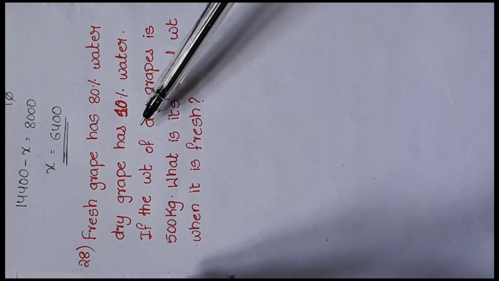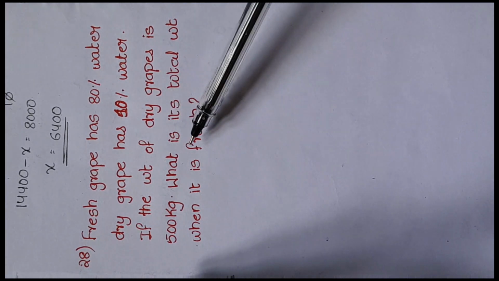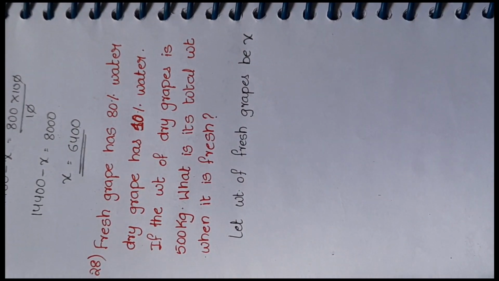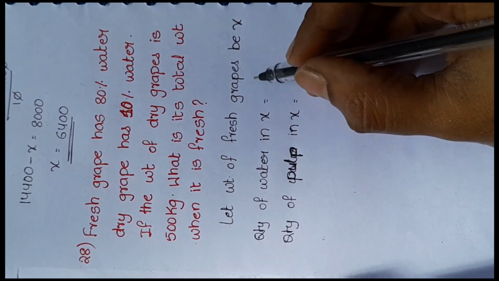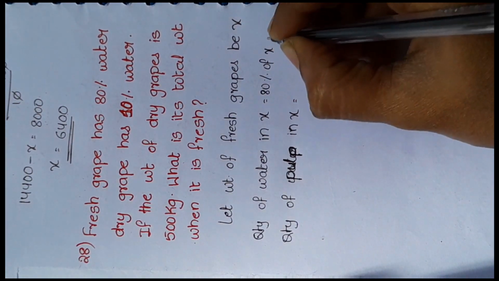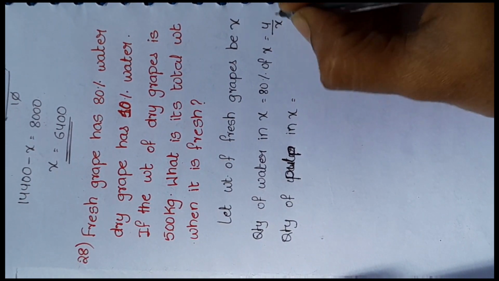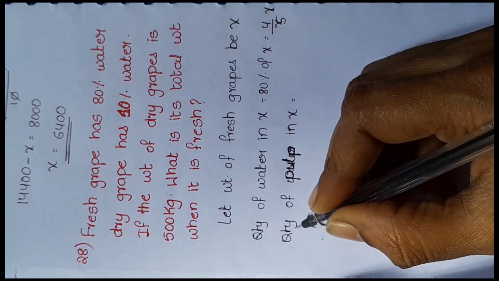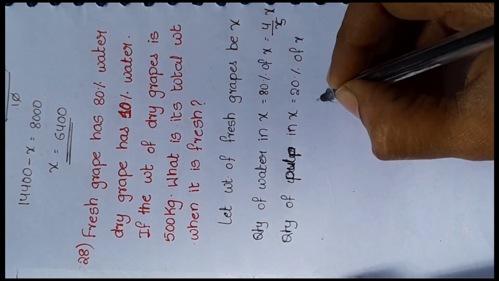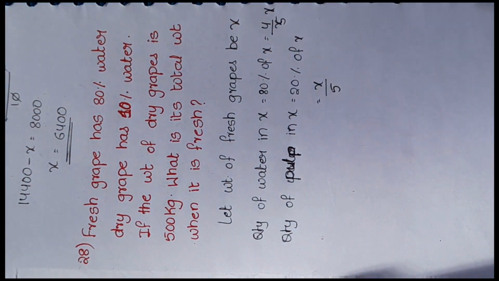28th question. Fresh grape has 80% of water. Dry grape has 10% of water. If the weight of the dry grapes is 500 kg, what is its total weight when it is fresh? Now let us take the weight of the fresh grapes be x. Now quantity of the water in x kg of grapes is 80% of x, that is 4 by 5x, and quantity of pulp in x is 20% of x. We can write this as x by 5.